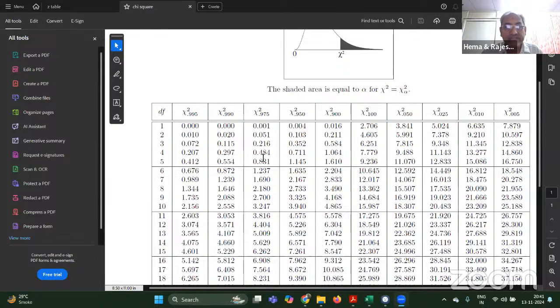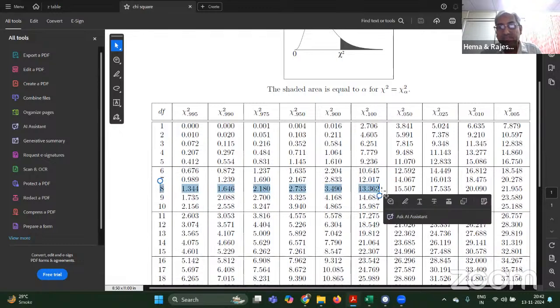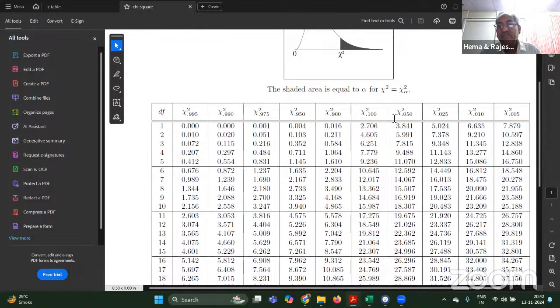See, this is degree of freedom 8. Look at the chi-square value. If it comes to 14, it will be somewhere over here, and the p-value will be more than 0.05 because it is 0.1. So we'll call this not significant.